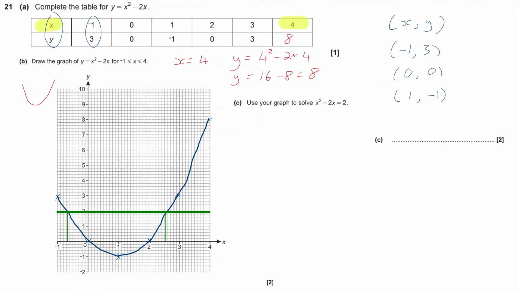I'm going to go for about negative 0.7, so you can write this as x is approximately equal to minus 0.7. Again, that can vary a little bit. And this one here is about 2.6, I would say. So x can approximately be equal to 2.6. But you've got a range of values here. The mark scheme has some error, but that's what I've got. So there we go.